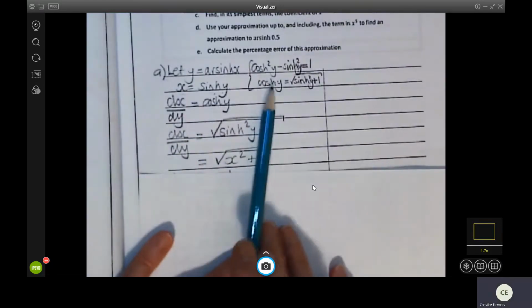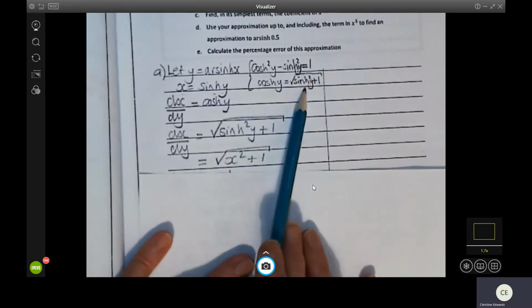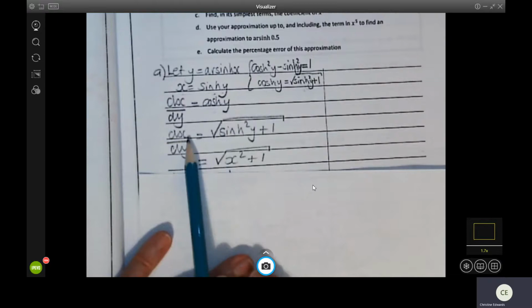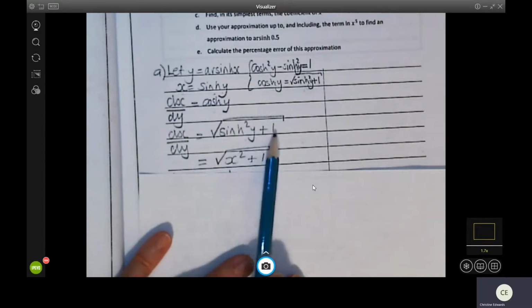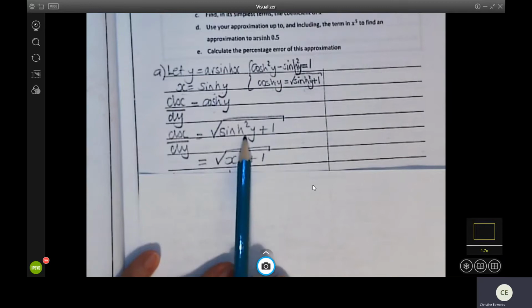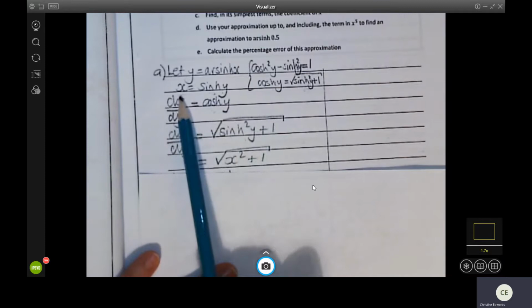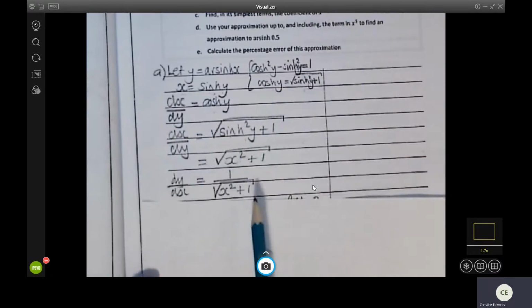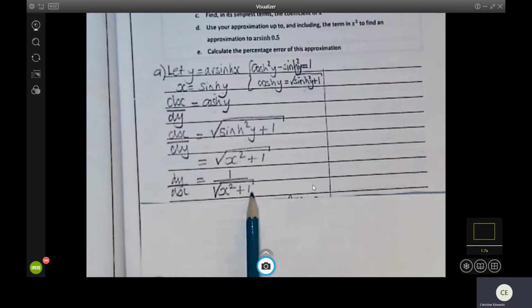And I'm then going to use my hyperbolic identity that I've got here and rearranged for cosh of y, so that I can write dx by dy in terms of sinh squared y plus 1. That then allows the hyperbolic to be replaced with x. And finally, I reciprocal dx by dy to get dy by dx, and therefore obtain the required result.